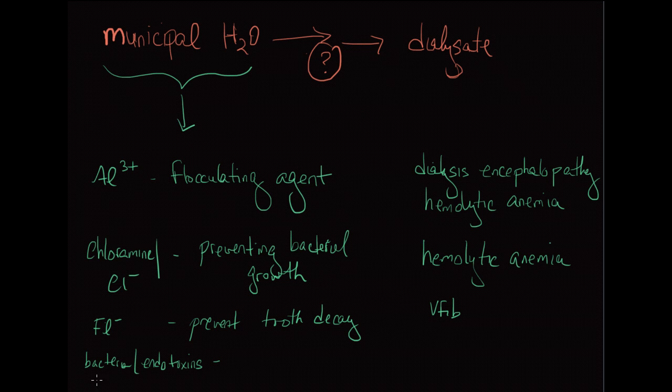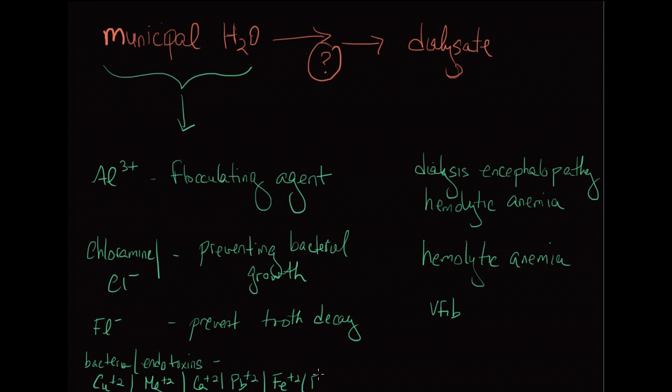We've got some other things in municipal water, and I'm running out of room here, but we'll just squeeze it in. Copper, magnesium, we've got some calcium as well. We might have some lead, although not too often in the Western world anymore, and we may have some type of iron.